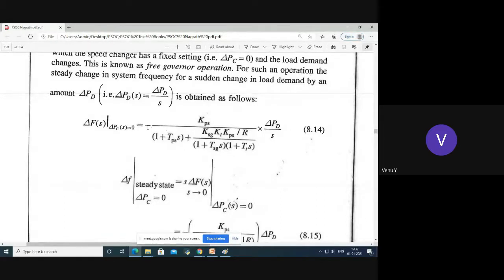The negative sign represents that the frequency is deviating from the reference, a reduced frequency. Let us take the negative sign. So this is the simplified transfer function model of your control system representation of a power system.